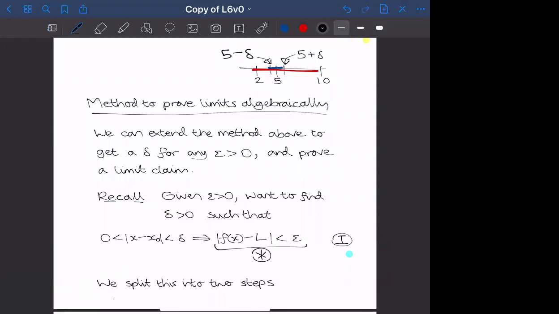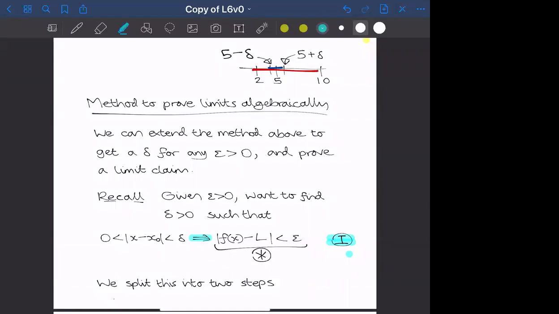Given epsilon greater than 0, we want to find delta greater than 0, such that this implication I holds. So x is close to x0 implies f(x) is close to L. And the delta and the epsilon control how close.